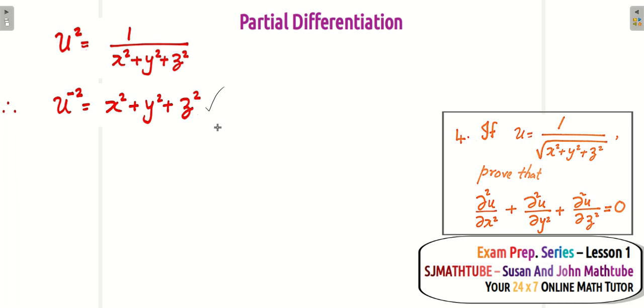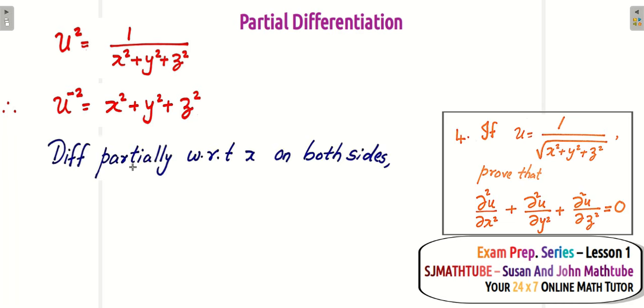Okay, now remember, u is a dependent variable. If you look at the question, you will understand u depends on the independent variables x, y, z. I'll repeat, u is a dependent variable and it depends on x, y and z.